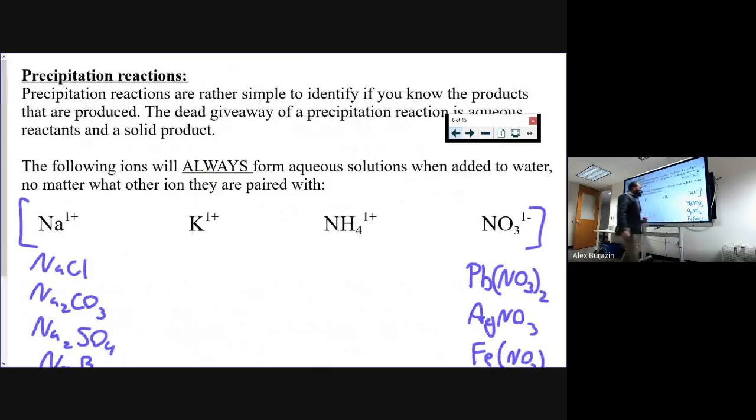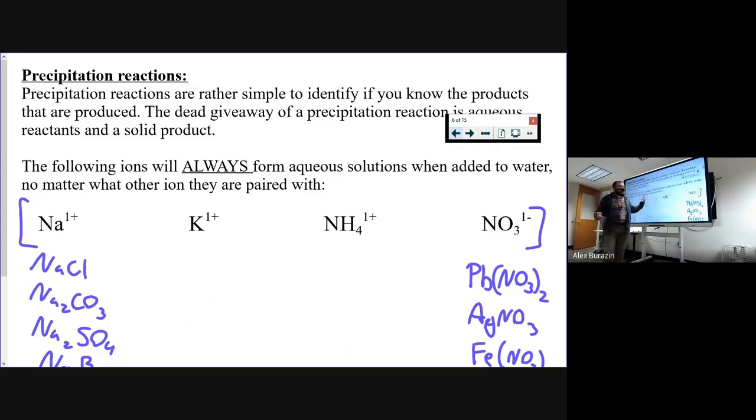there it is. Or you can look at this little list. If one of your products contains sodium, potassium, ammonium, or nitrate, that is going to be aqueous 100% of the time, every single time. So be on the lookout for these 4.